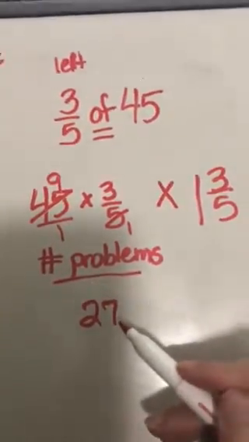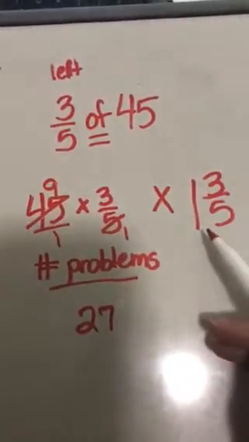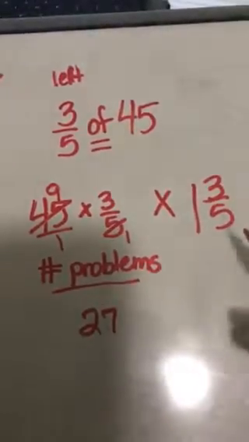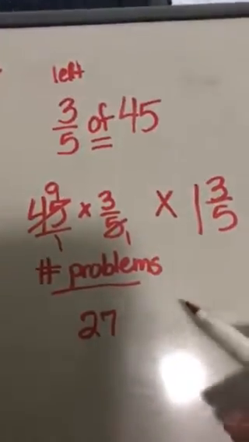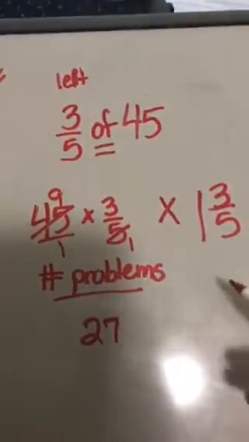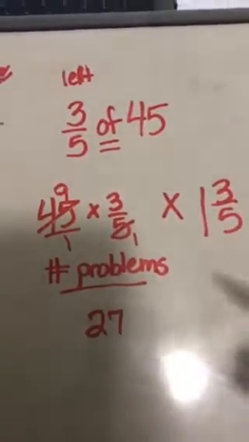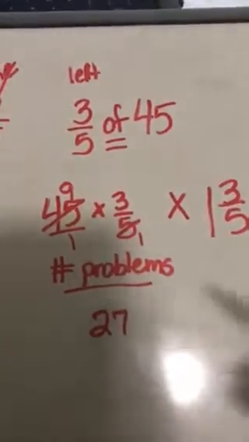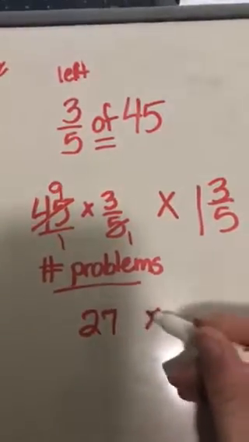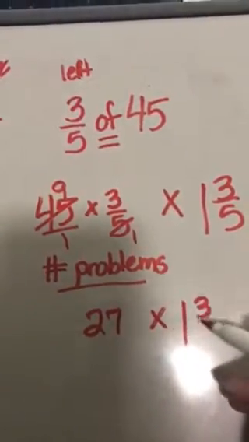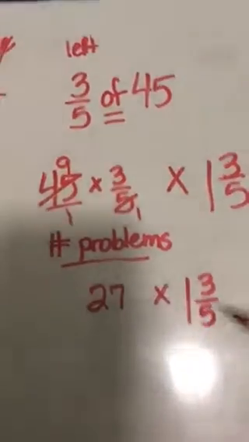Each of those 27 problems will take me 1 3/5 minutes. So it's like I'm adding 1 3/5 27 times, but that would be time consuming. Repeated addition, anywhere you would add over and over, is the same concept as multiplication. So 27 times 1 3/5.